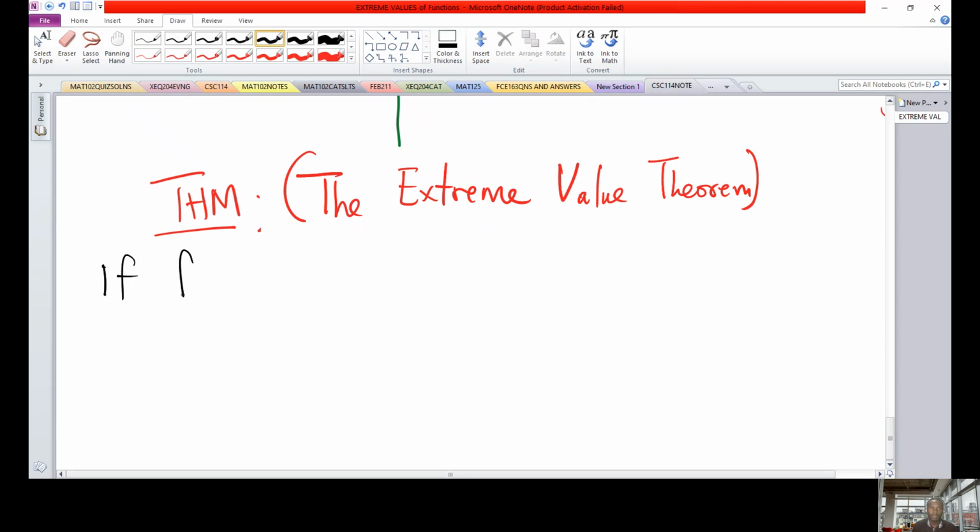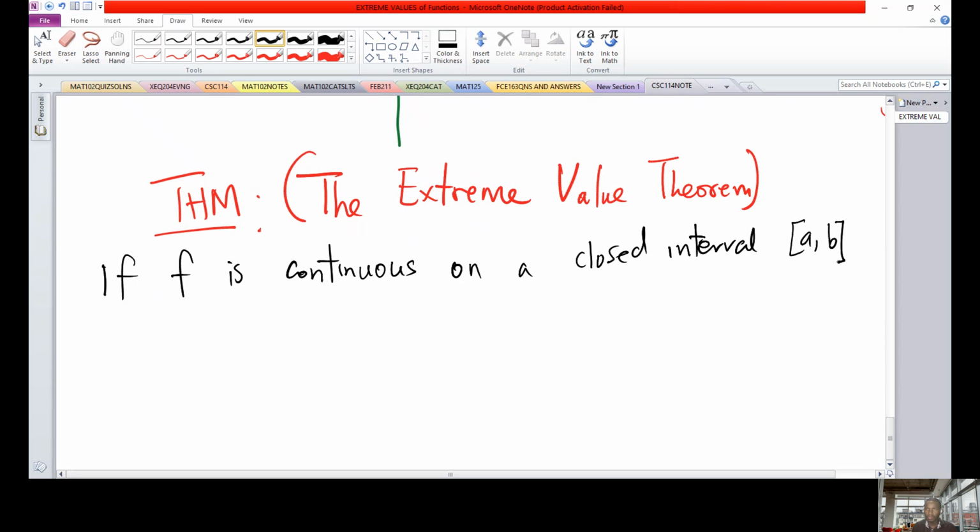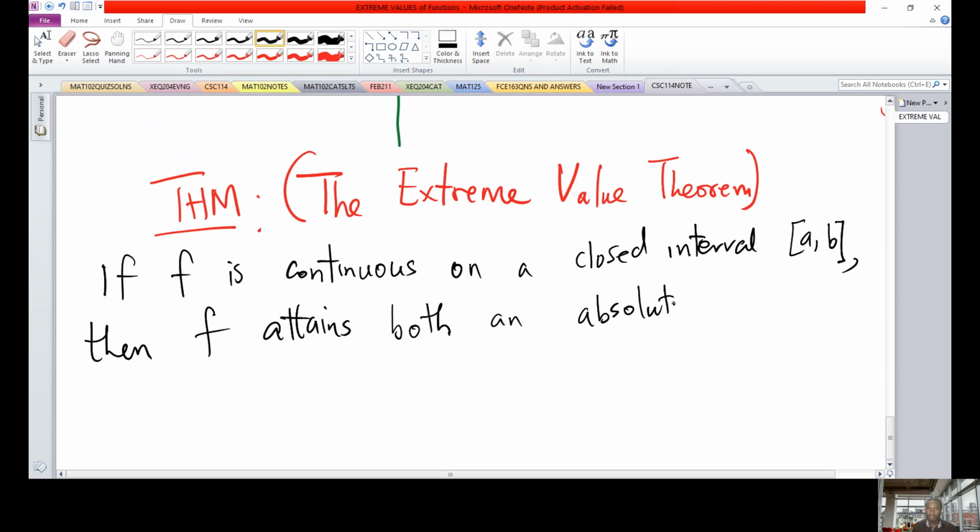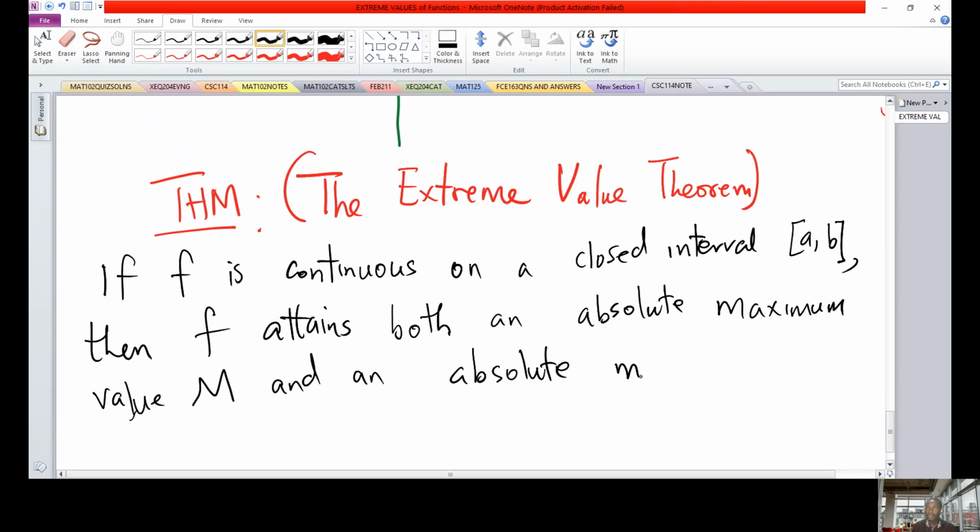The statement says that if f is continuous on a closed interval [a, b], then f attains both an absolute maximum and an absolute minimum in this closed interval [a, b].